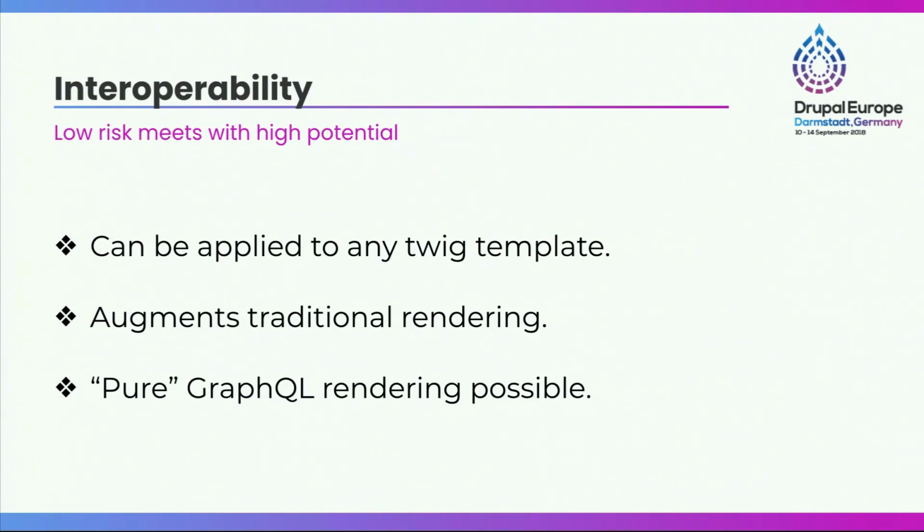We don't have a solution for a decoupled web form because you would have to recreate all the form widgets in your whatever client framework. But it just augments traditional rendering. So if you have a template file, and you add a GraphQL query, you just end up with one additional template variable that you can use and that can add any data that you want.